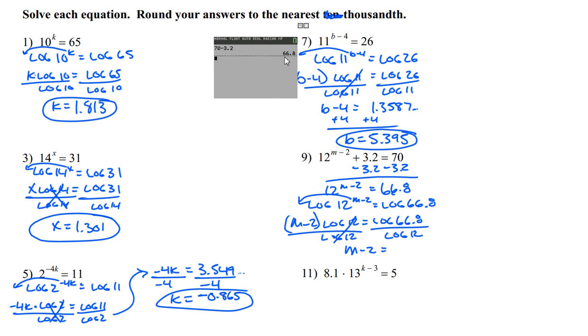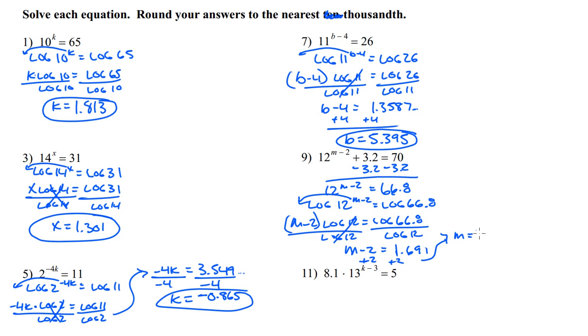We already have 66.8 in the calculator, so I'm going to do log, second answer, equals. That's log of 66.8, and then divide by log 12. And that gives us 1.691. Add 2 to both sides, and we get that m has to equal 3.691.